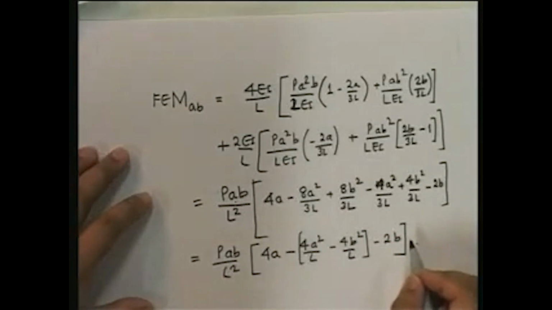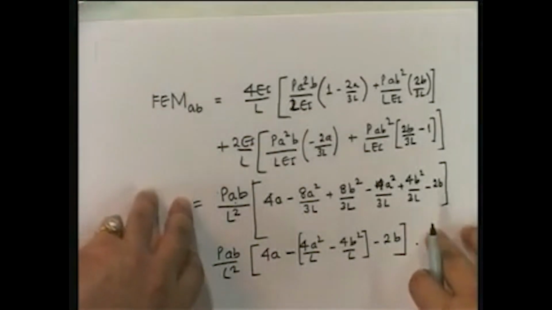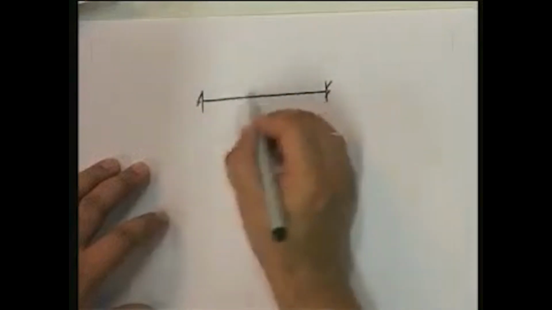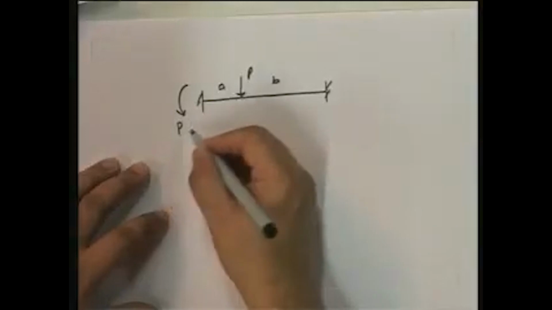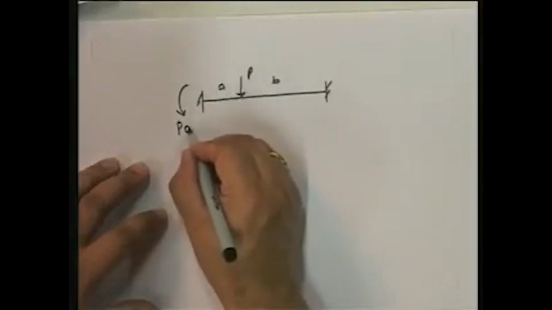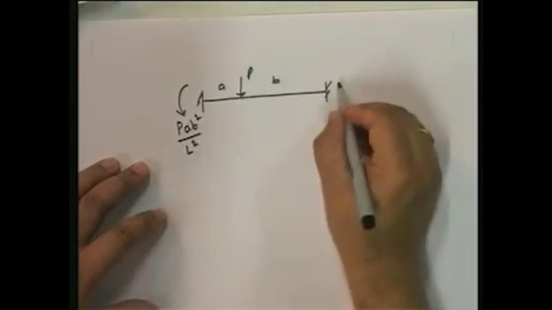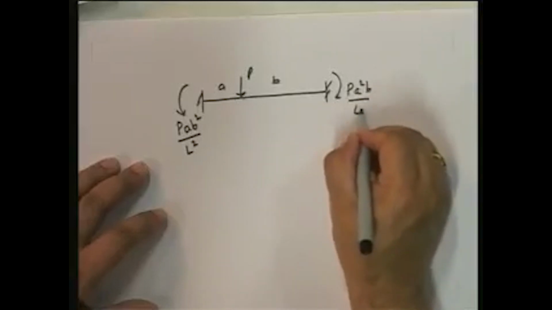Now note that this becomes A plus B by L, okay, 4 times A, B plus L, and you can substitute all of those in, and ultimately you will see that when you substitute, you will get P into AB squared by L squared, and this turns out to be P A squared B upon L squared.